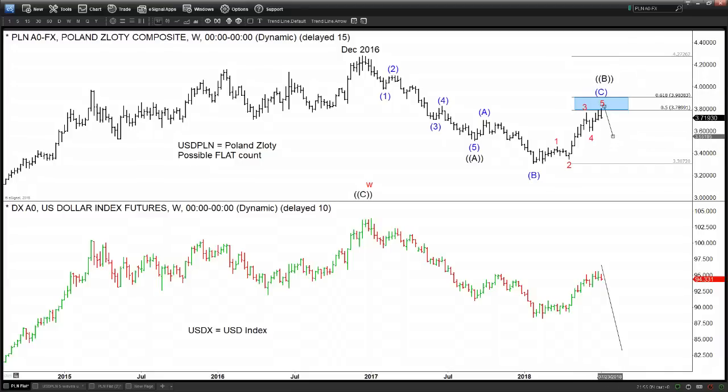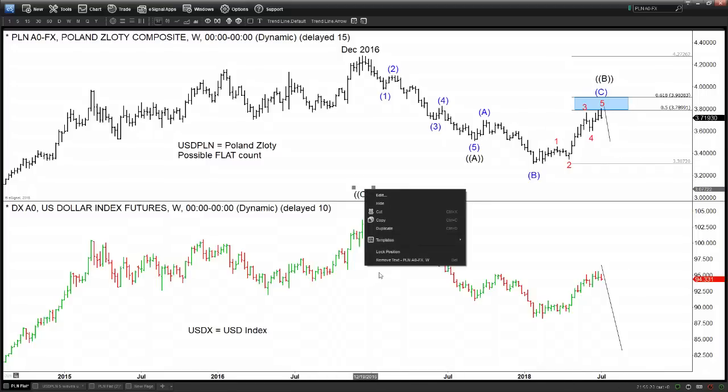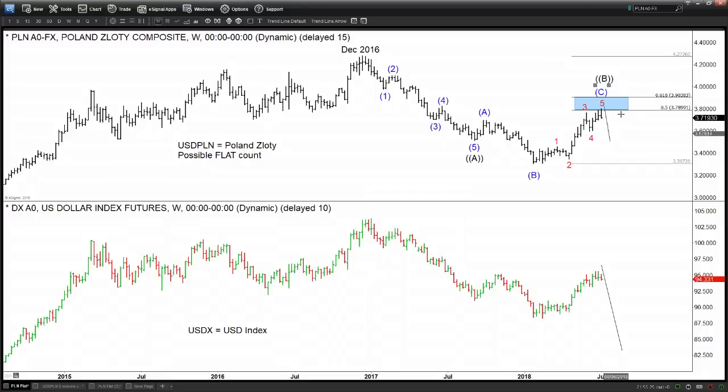So either the reaction lower is going to ultimately give you a new low, or it is going to do 3 waves pullback and then extend one more leg to the upside again. So either way, short term, we should see US dollars weaken in 3 waves, but then after that, it's either going to a new high again or it's going to continue lower to continue this bearish view of the PLN.